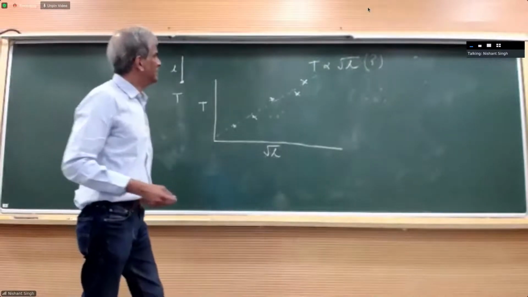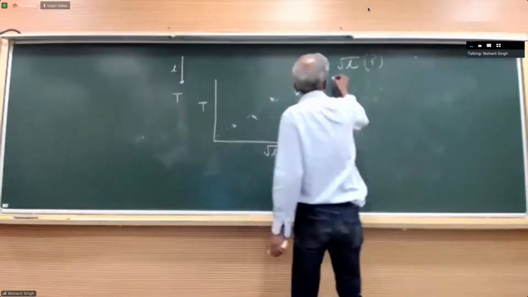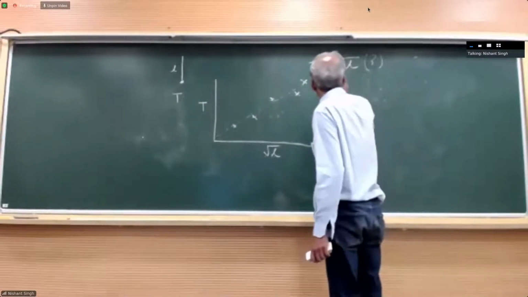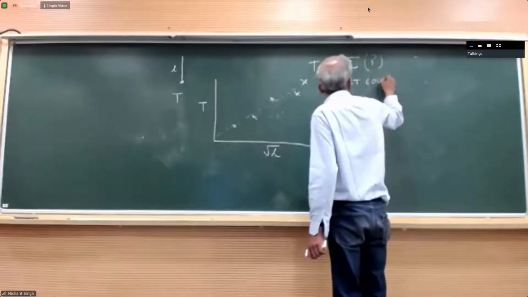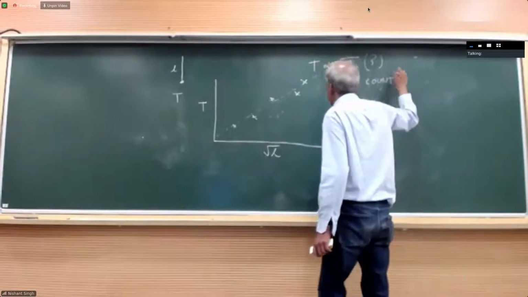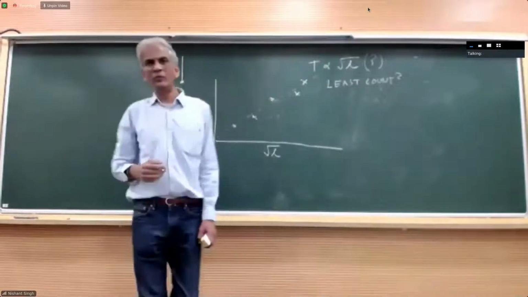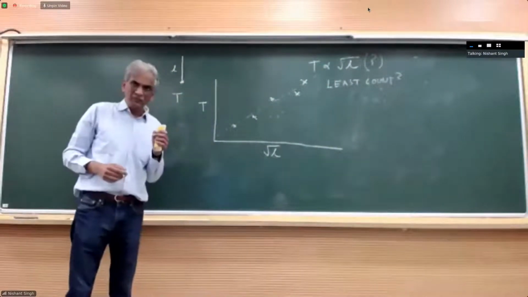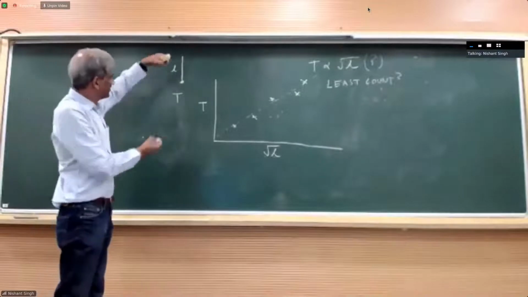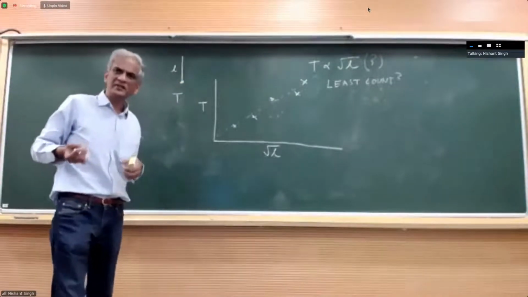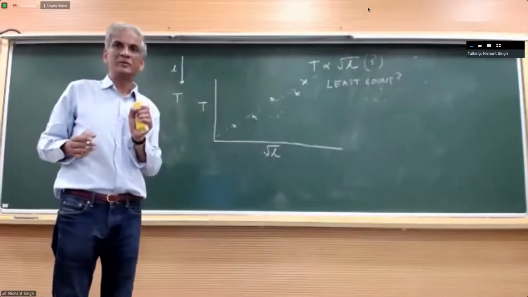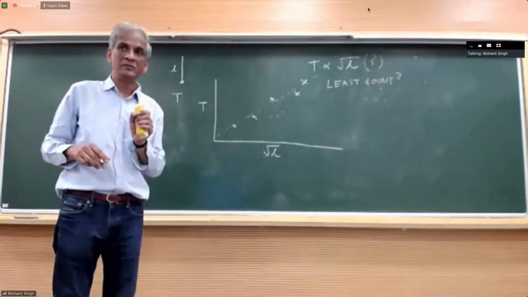So in those days, there was this concept, which we also learned, called the least count. The least count tells you that the ruler or scale which I'm using to measure L can only measure L to a certain least count, not accuracy, a certain least count.